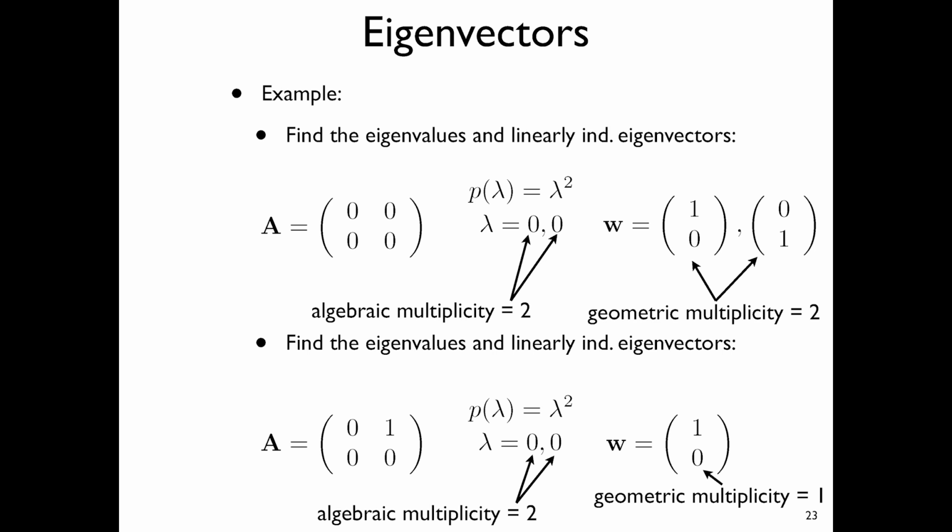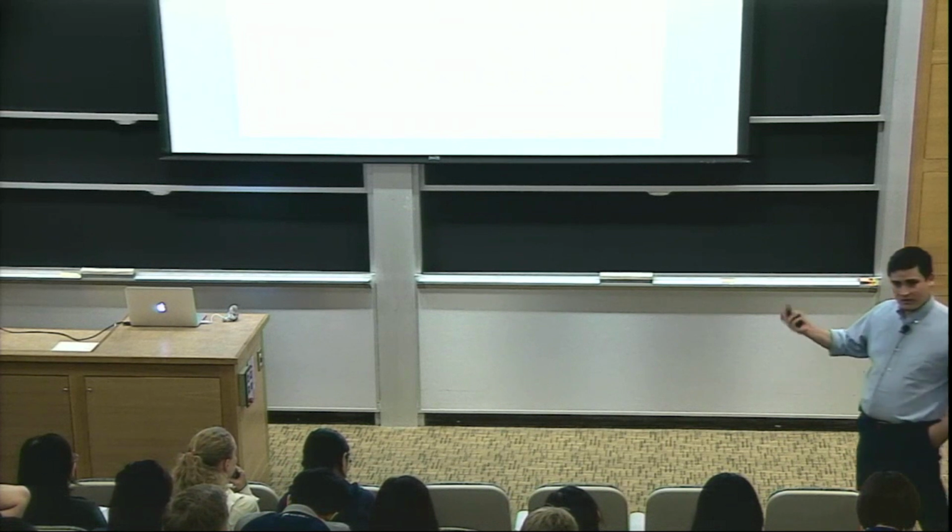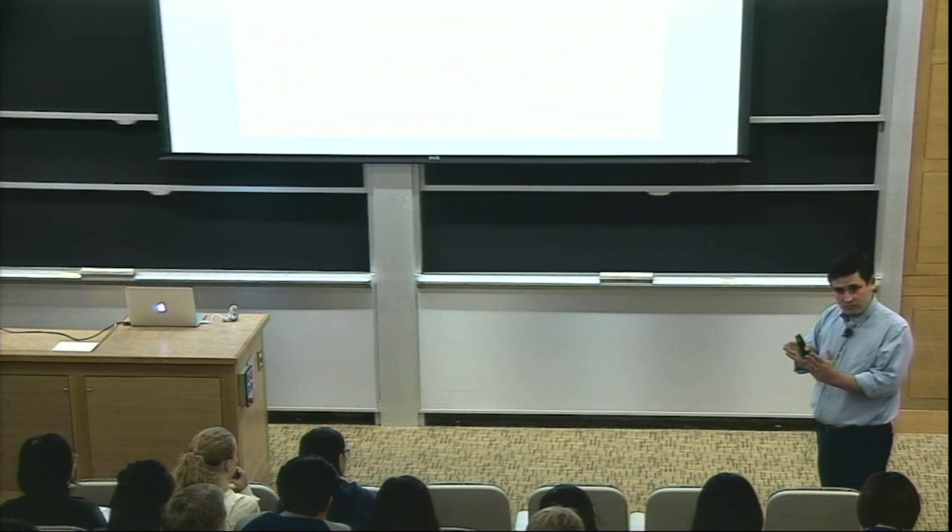Okay, here's another matrix. It's a little more interesting than the last one. I stuck a 1 in there instead. Again, the eigenvalues are 0. It's a double root, so it has algebraic multiplicity 2. But you can convince yourself that there's only one direction that's squeezed down to 0.